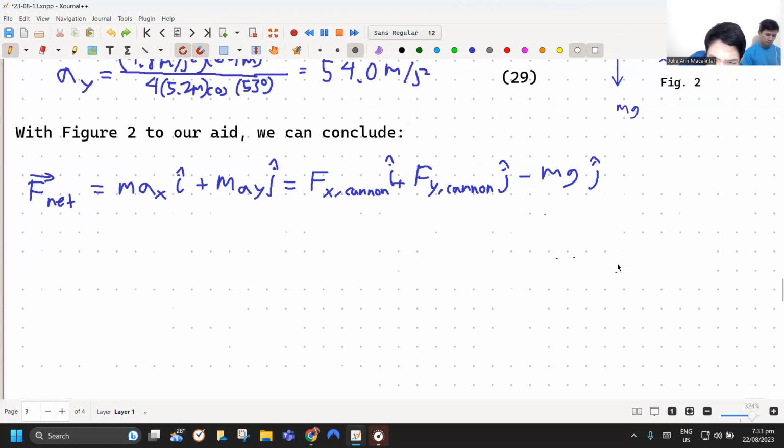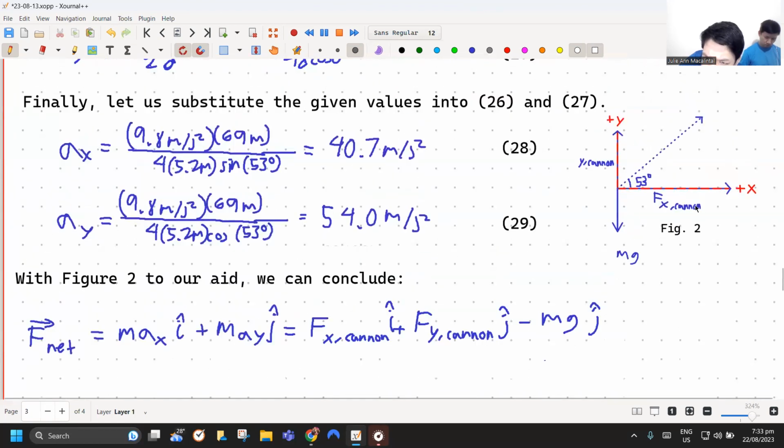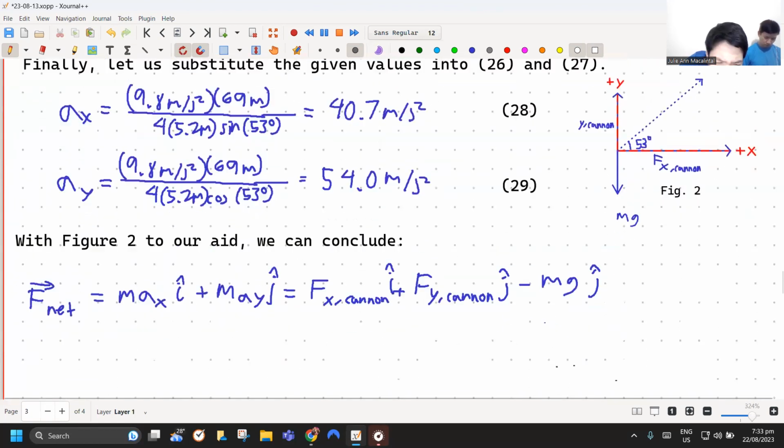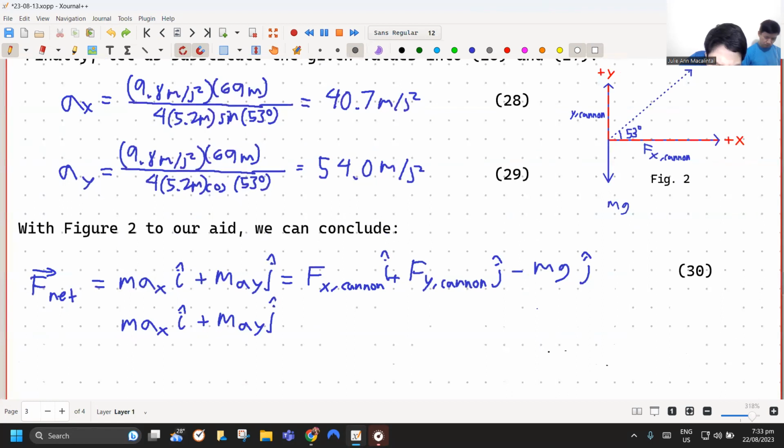Now we can group together all of the forces along the x-axis and the forces along the y-axis, which is just distributing the j hat.